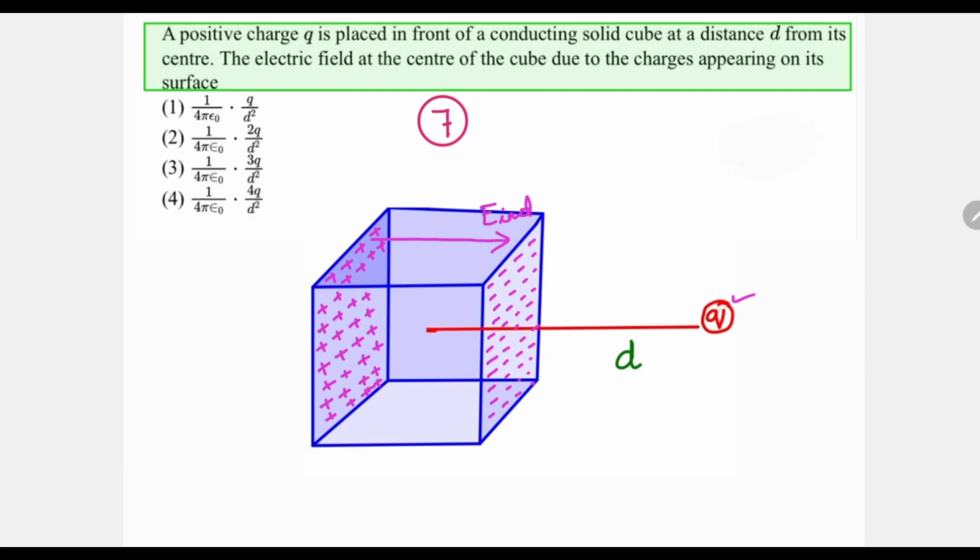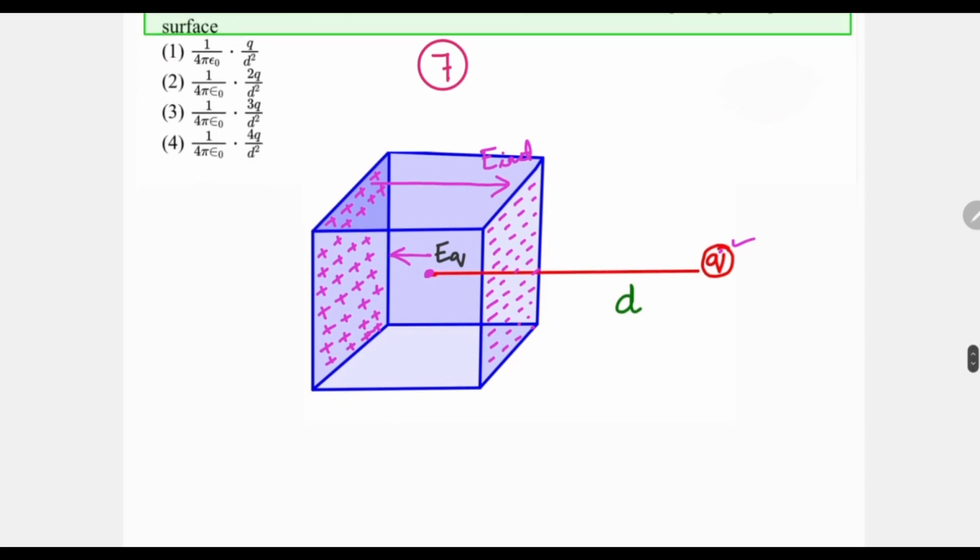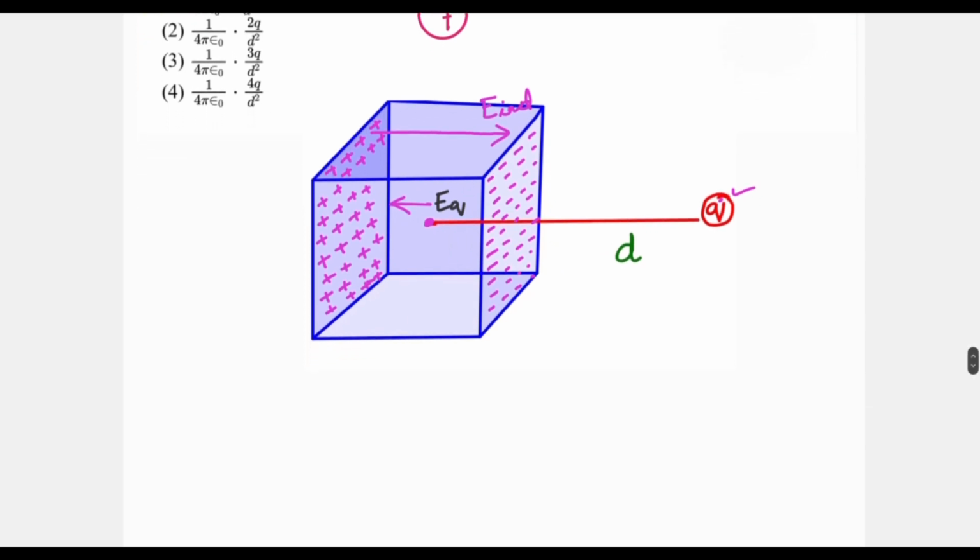Now, due to this charge Q, at the center, there will be an electric field. Let it be denoted by EQ, and it will be in this direction. This is the electric field due to the charge kept outside the cube. Now this is a conducting solid cube. So conducting solid cube means immediately the idea should come to our mind, inside a conductor the electric field is 0.